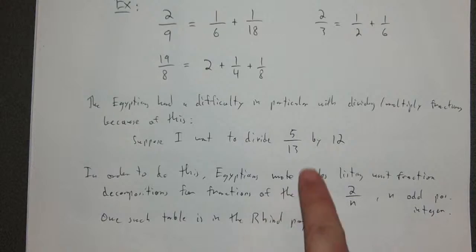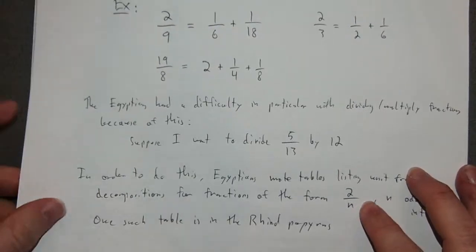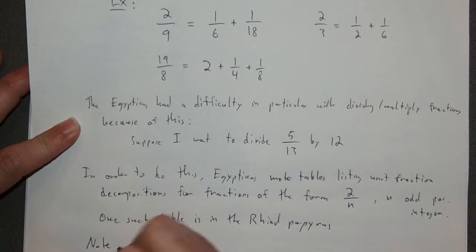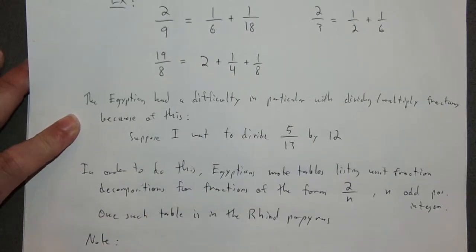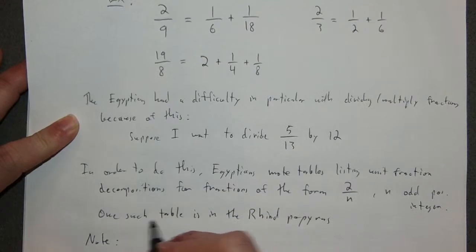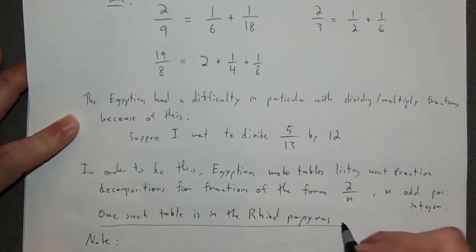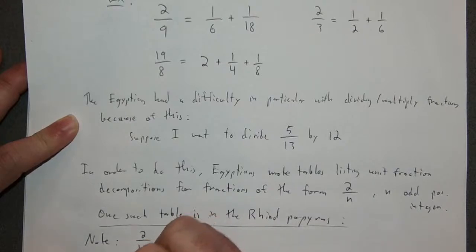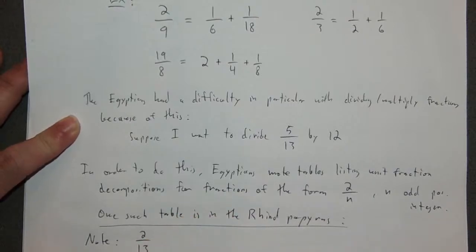To see how you would do this problem of dividing 5/13 by 12, let's consider the following. Note this table gives 2/13 as the following decomposition.